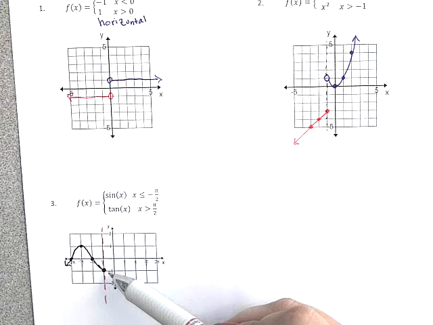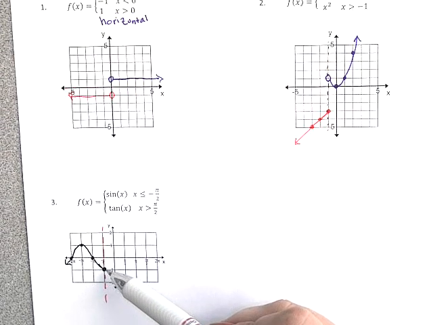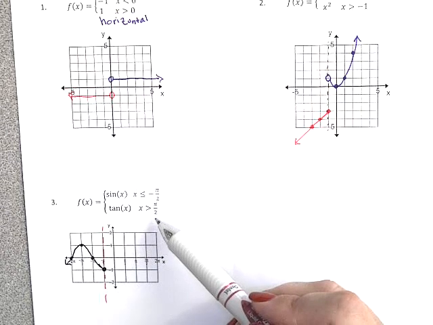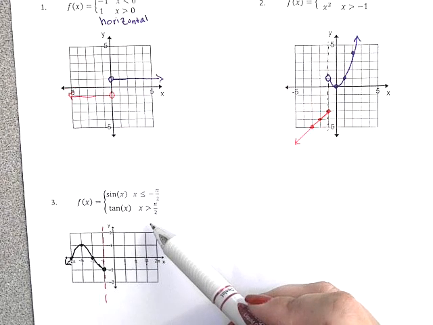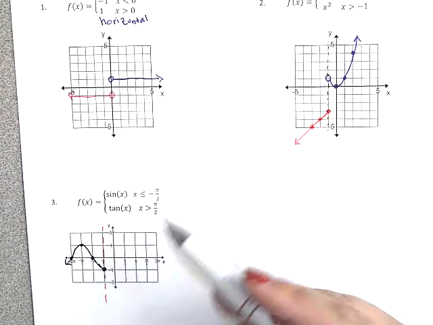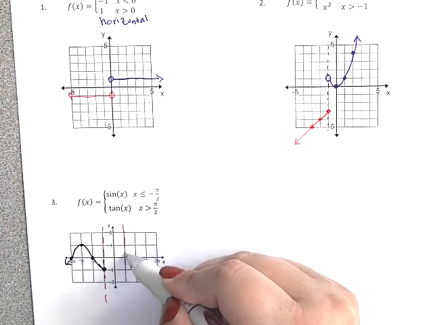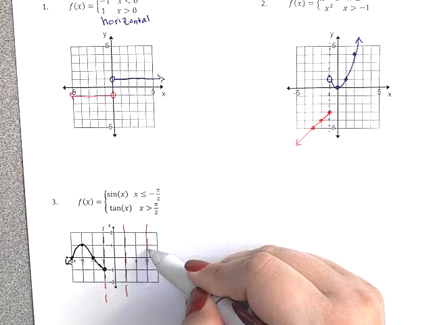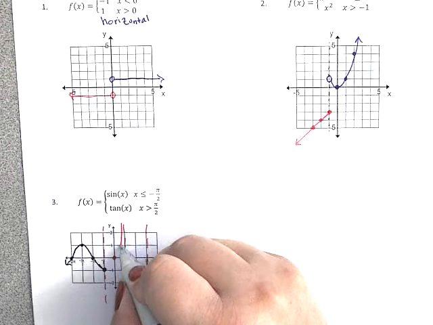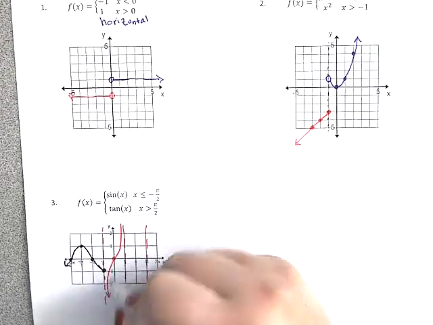It's okay to have a closed circle there because that's telling us the sine value. Here, tangent is only greater than π/2. So we want the asymptote there as a guide, but it's okay to actually have that closed point from the sine function there. Then we have another asymptote at π/2 and 3π/2, and we can draw in the rest of our tangent graph.